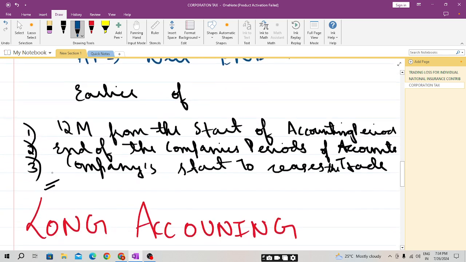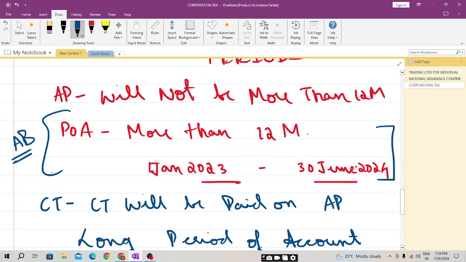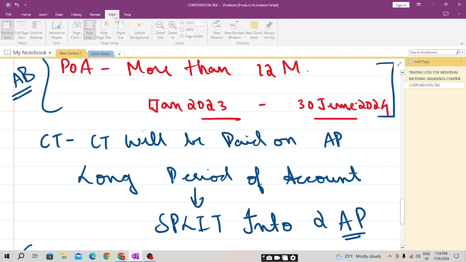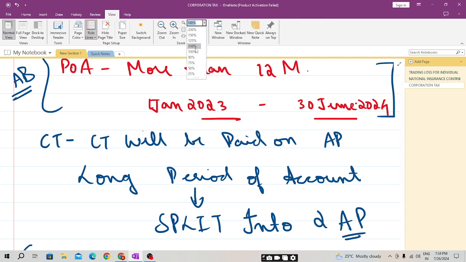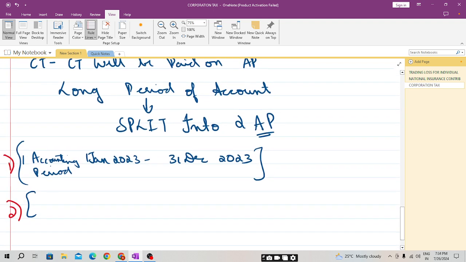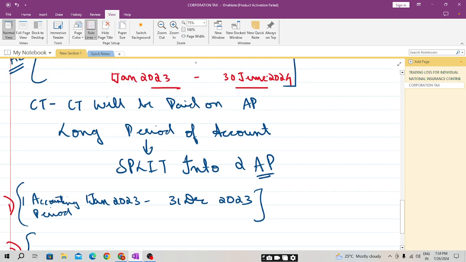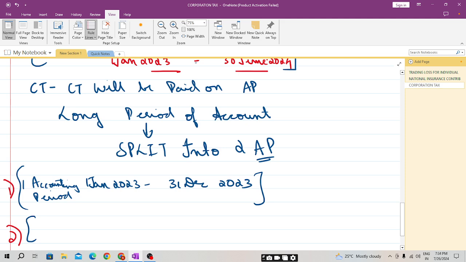Students, here we have already covered when the accounting period will start. In our case, the accounting period has ended, so now the accounting period will start immediately after the end of the previous accounting period. So 1st Jan 2024. And now students, the accounting period will end.